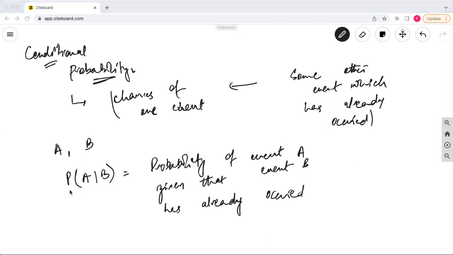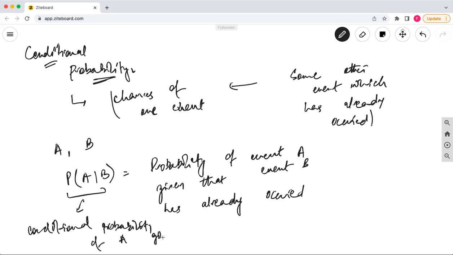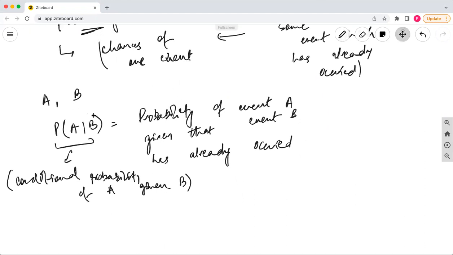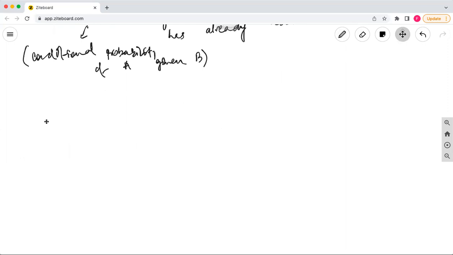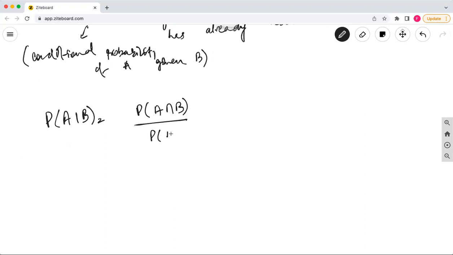I can also say this is the conditional probability of A given B, right? And how we represent this: probability of A given B is probability of A and B, that is the intersection of both, divided by probability of B, right?